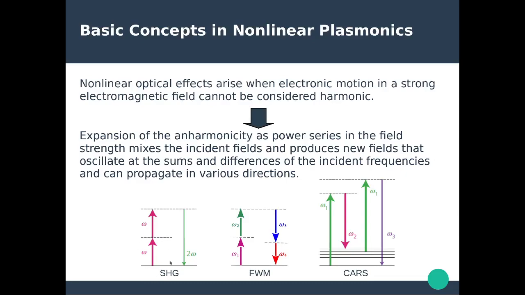When the system relaxes, it starts emitting light at a frequency of 2 omega, twice the frequency that is being used to excite the system. So that's why you have this second harmonic generation. You're doubling the frequency, or doubling the energy. This is a very straightforward process which has been studied for a long time already.